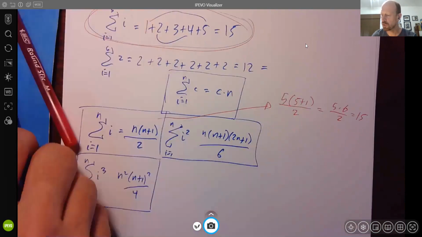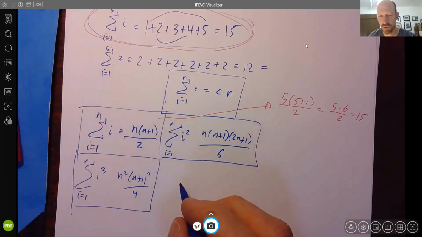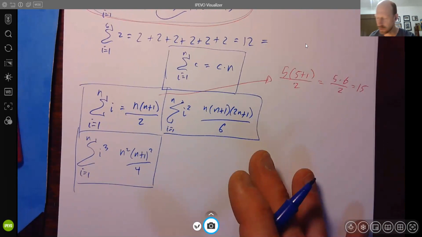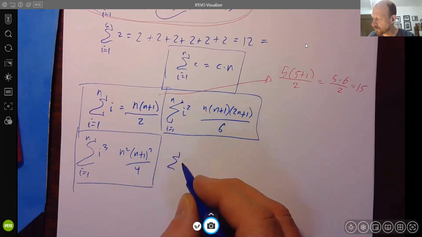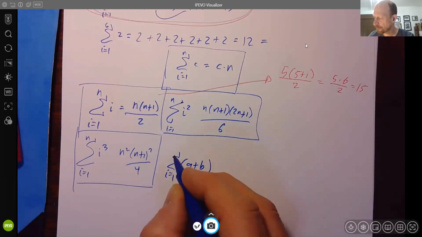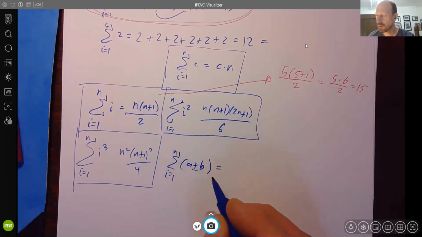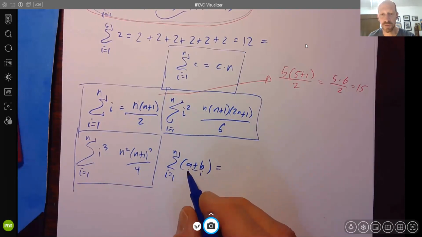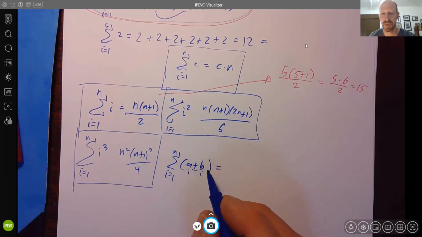There are two more rules that are important to us that we use when we're calculating these limits. If you sum a sum or a difference, this would be like a_i plus b_i, so a1 plus b1, and then a2 plus b2, a3 plus b3, all the way up to an plus bn.